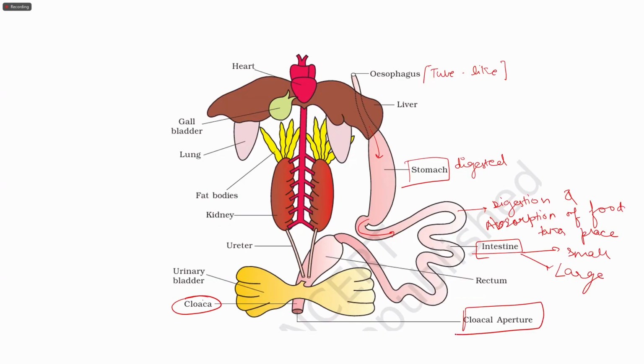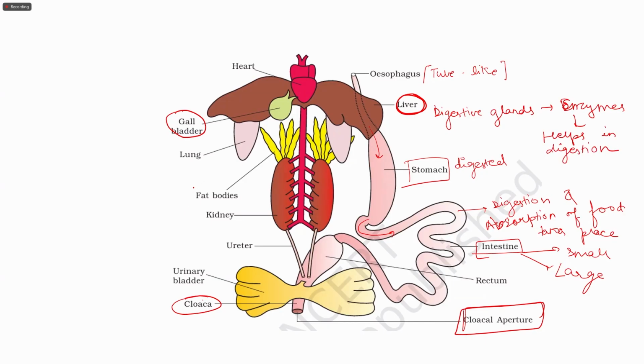Then we have the rectum that ultimately opens outside the body through the cloaca, which consists of the cloacal aperture. The opening of the cloaca is the cloacal aperture, and there are certain organs that help in the secretion of digestive juices, like the gallbladder and liver. These gallbladder and liver are the digestive glands that help in releasing the enzymes that help in digestion.